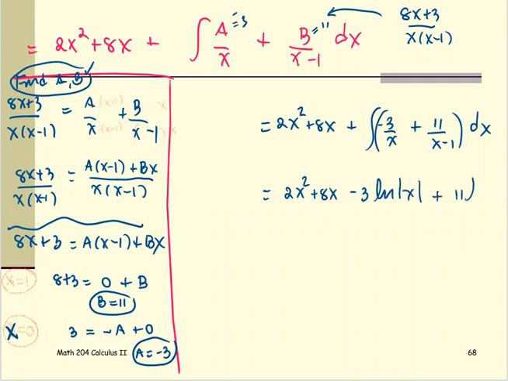And the next one is 11 natural log of absolute value of x minus 1, and then plus c, using the u sub by letting u be x minus 1 and the du is dx. Okay, so this is our answer, which is the answer of the integral of 4x to the third plus 4x to the second plus 3 all divided by x squared minus x with respect to x.